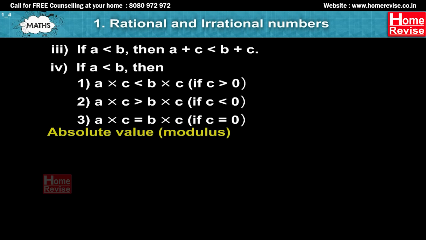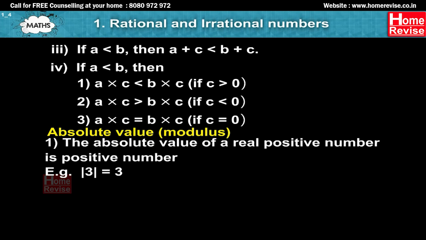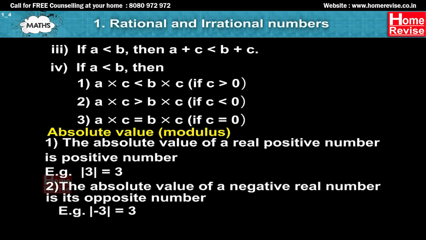Now, absolute value or modulus. Number 1, the absolute value of a real positive number is positive. For example, absolute value of 3 is equal to 3. Number 2, the absolute value of a negative real number is its opposite number. For example, absolute value of -3 is equal to 3.